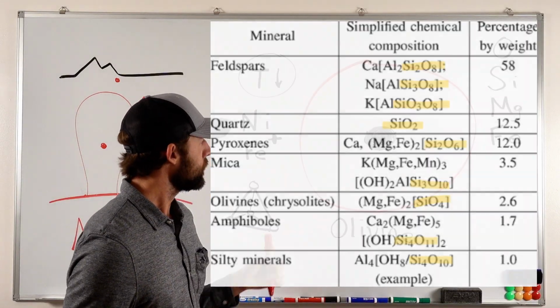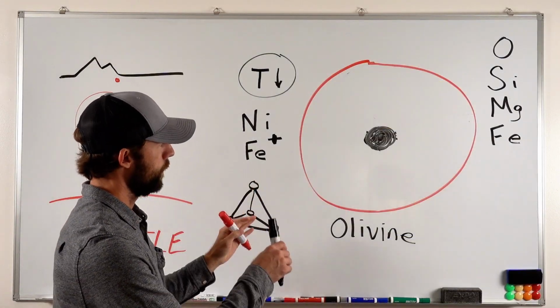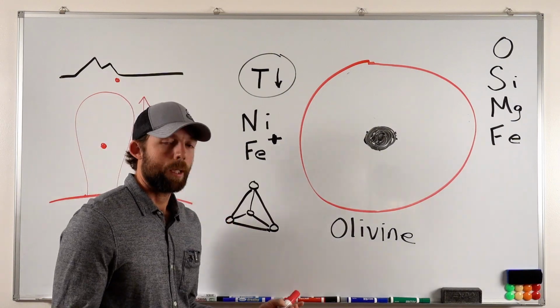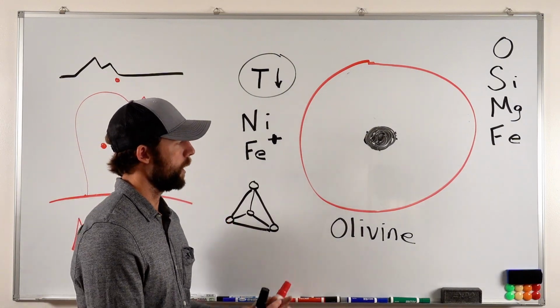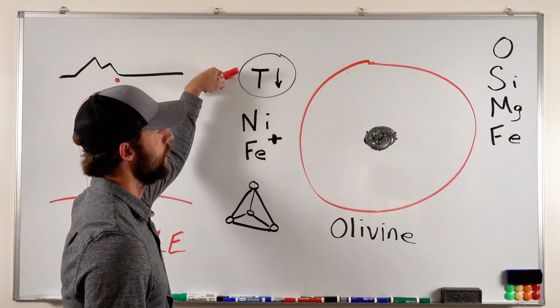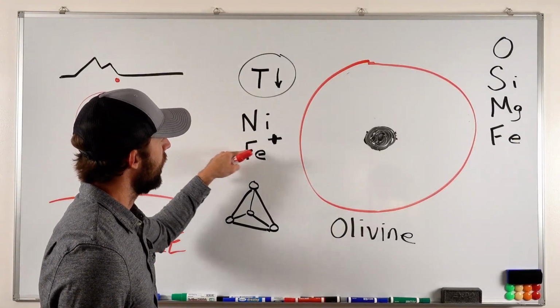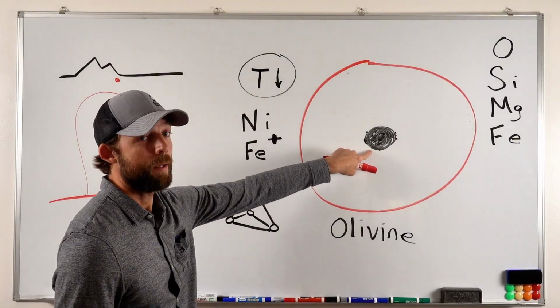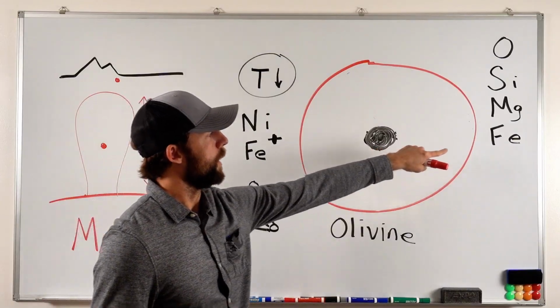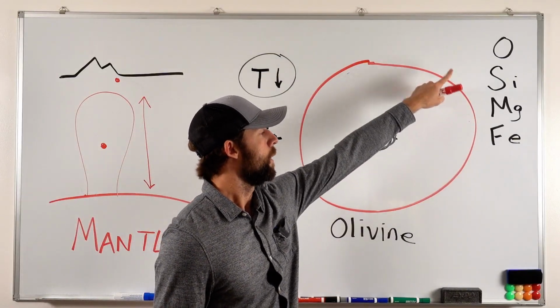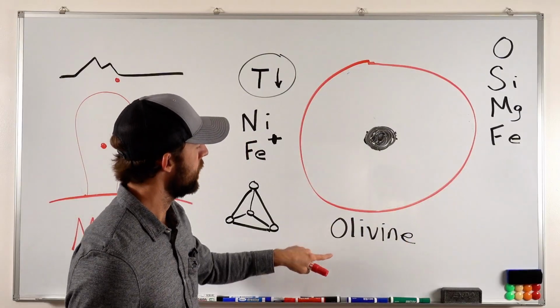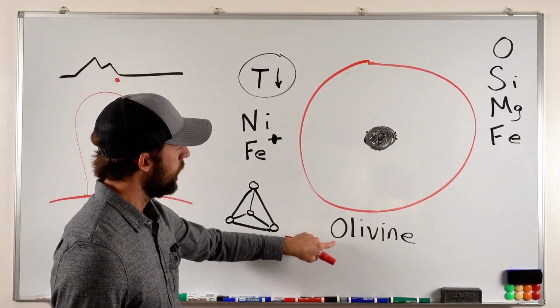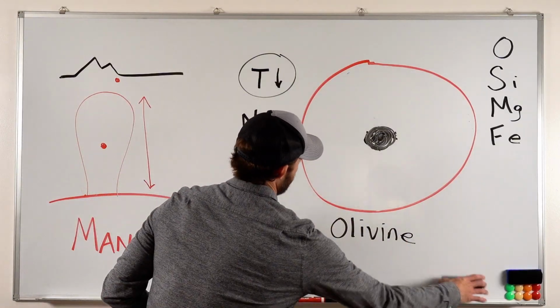All right, so let's go back to our elements coming together and forming compounds to meet the decrease in energy, right? First we had these nickel iron alloys. Those have coalesced. In the middle we have our core. Now we have iron, magnesium, silica, and oxygen. This forms our first mineral, olivine. Why is olivine first?